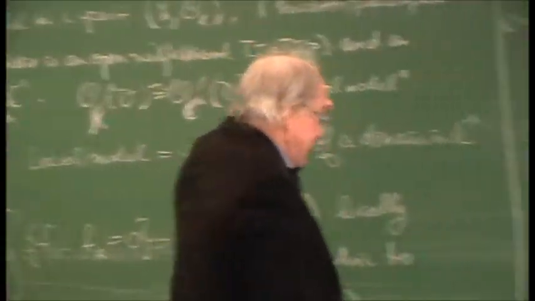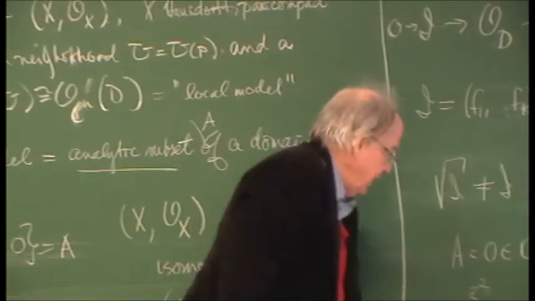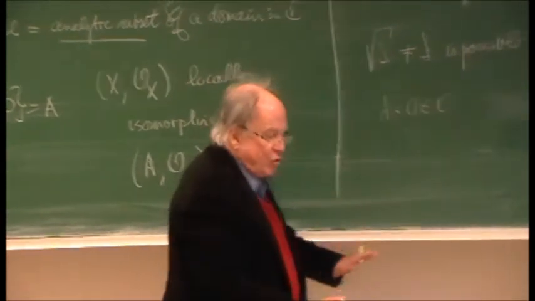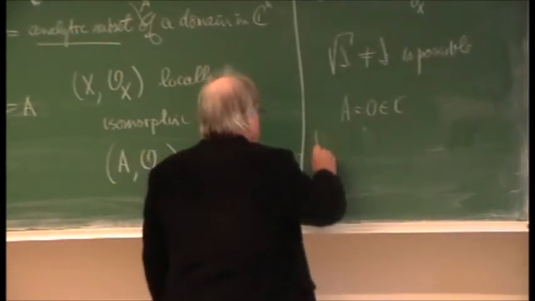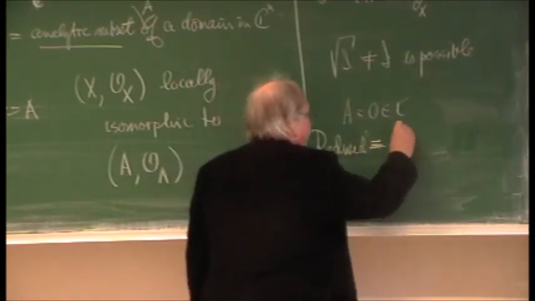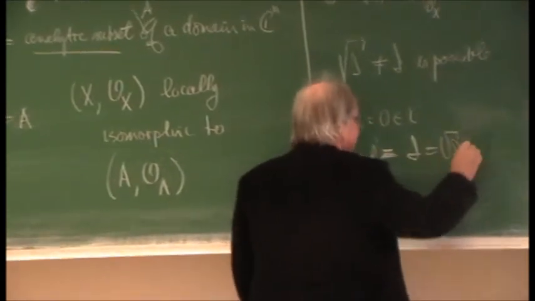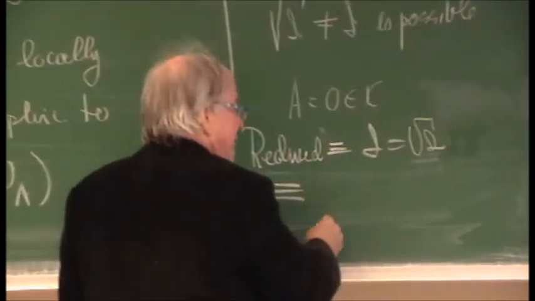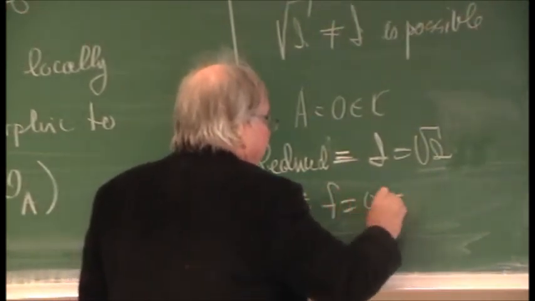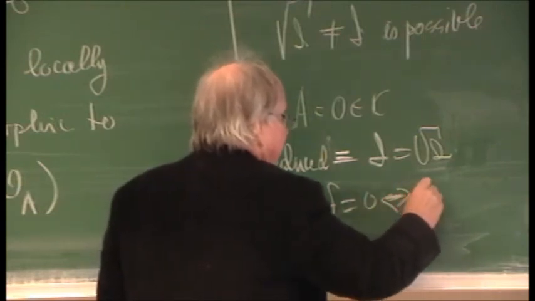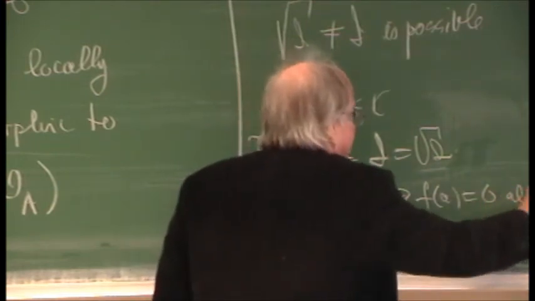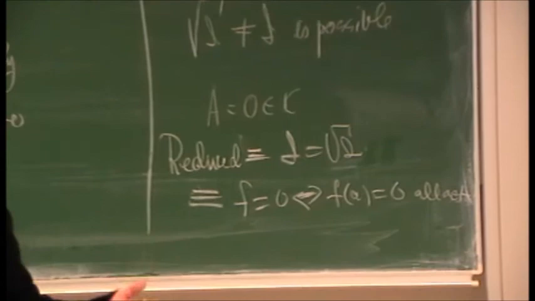So this is possible. And for a first taste of complex spaces, you should assume, though, that the space is reduced, which means I is the radical, which means that f equals 0 if and only if all values of f equal 0, at all points a in A. You see, that's the problem in these things.